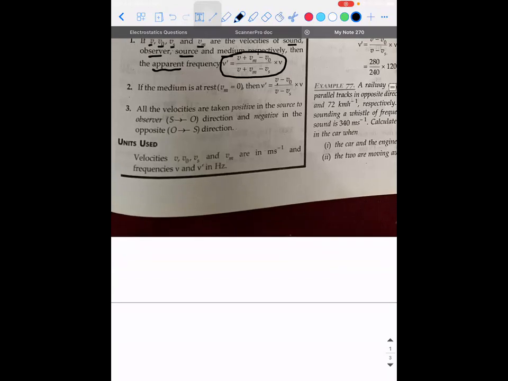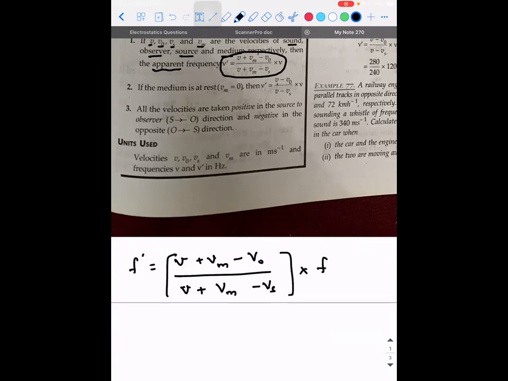The apparent frequency is given by the equation f dash equals velocity of sound plus velocity of the medium minus velocity of the observer, divided by, please make a note of this formula, velocity of sound plus velocity of the medium minus velocity of the source, multiplied by the original frequency of the sound. This f is the real frequency, not the apparent one.